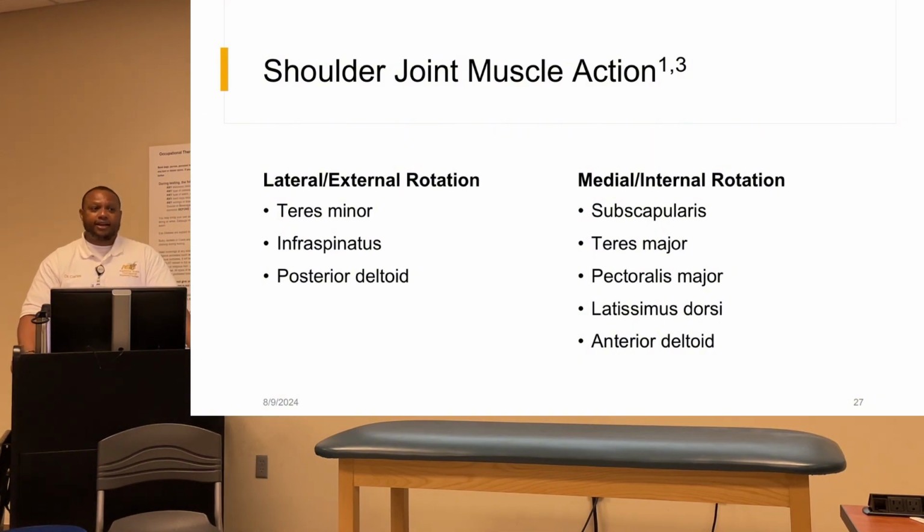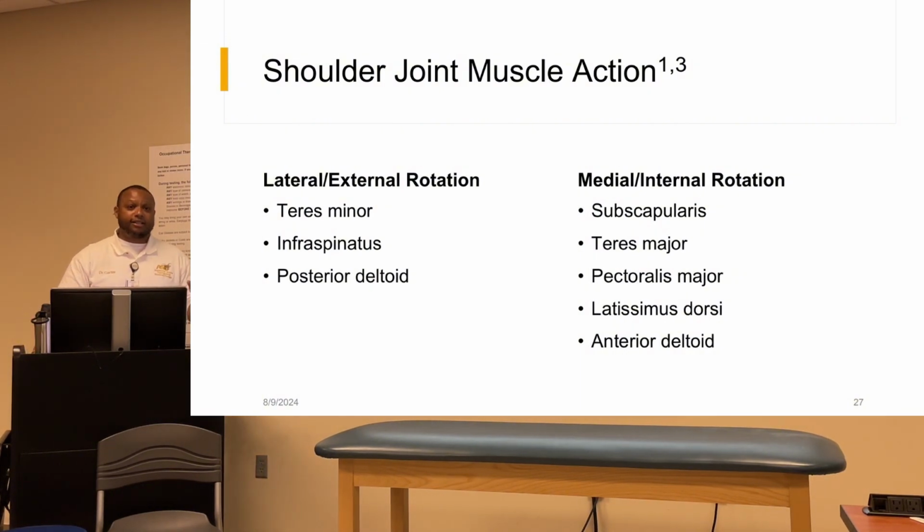But say if that subscapularis muscle is very taut, very hyperactive, which range of motion would the person likely have the greatest limitation with? External rotation, because the subscapularis muscle cannot lengthen.